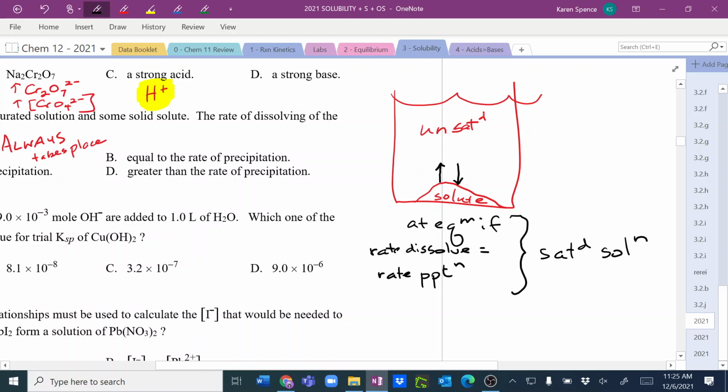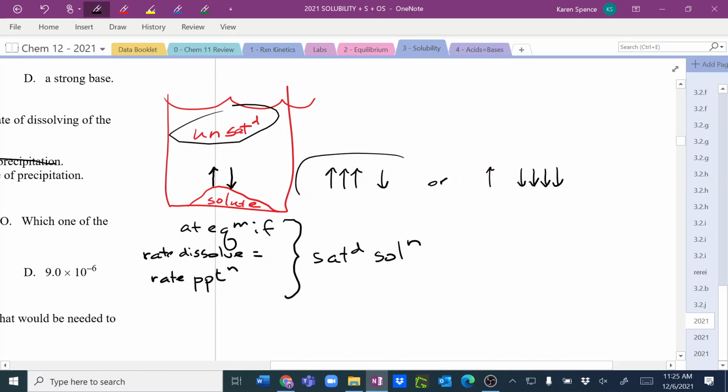Okay? So now we have to decide if it is unsaturated, is it dissolving faster than it is precipitating? Or is it dissolving slower than it is precipitating? It's dissolving faster because eventually it's going to become saturated.